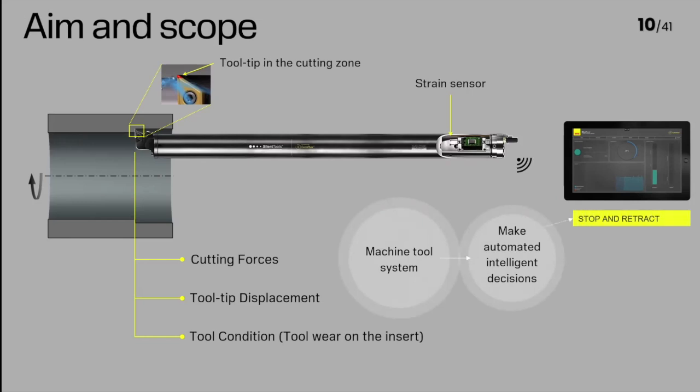For example, we can stop and retract the cutting tool when the critical tool wear is detected to protect both tool and the workpiece. And we can track and document tool wear over time, supporting predictive maintenance and quality assurance. And we can optimize the feed rate in real time based on the tool wear condition.